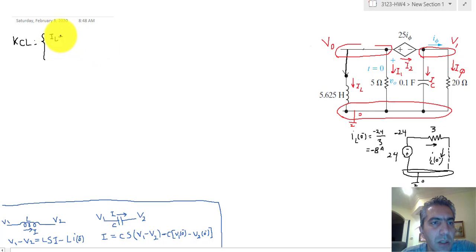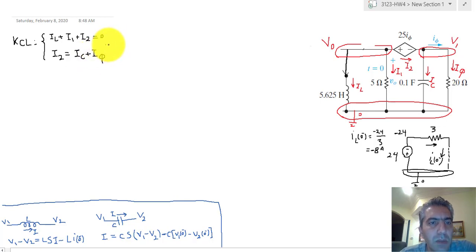So IL plus I1 plus I2 is equal to 0. For the other node, I2 is going into this node, and IC and I phi are leaving, therefore I2 is equal to IC plus I phi.